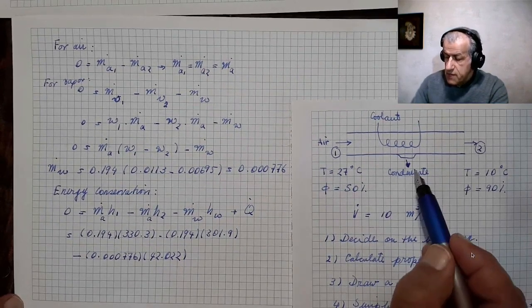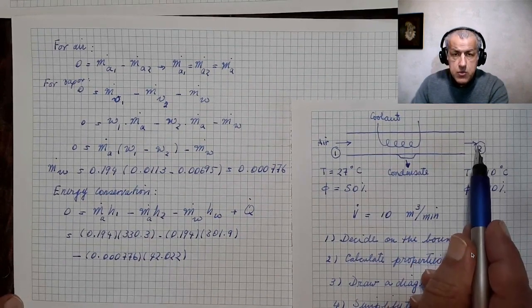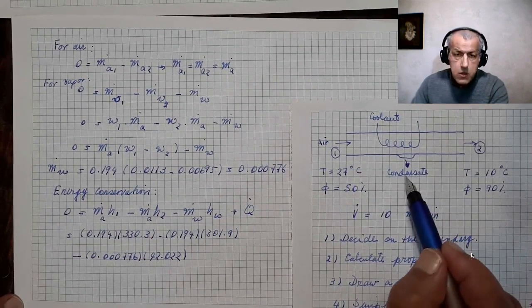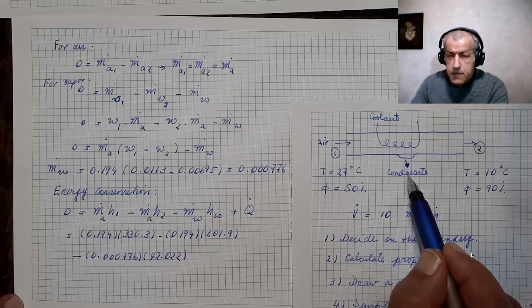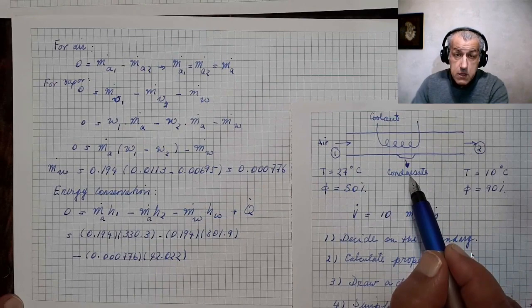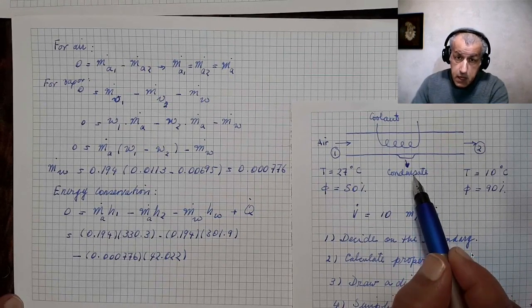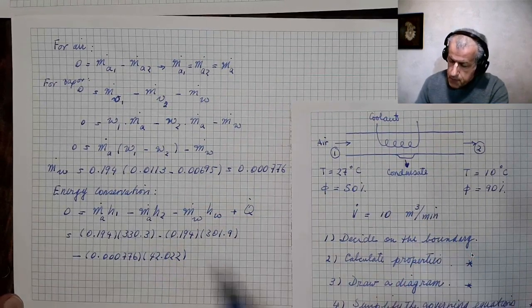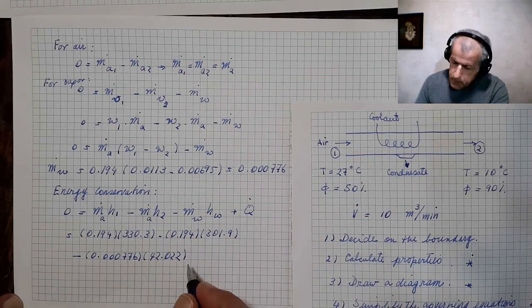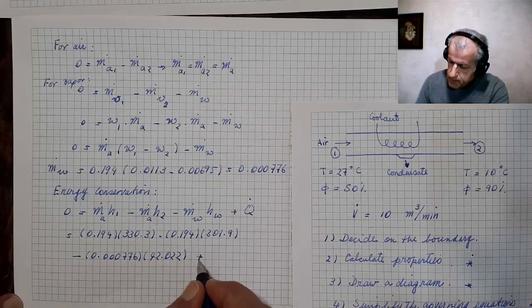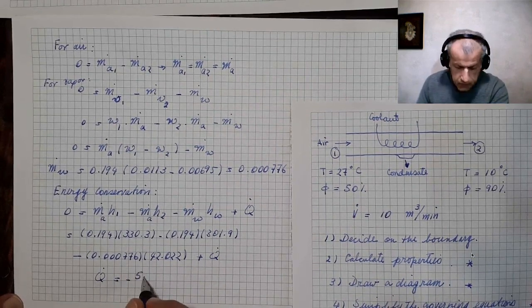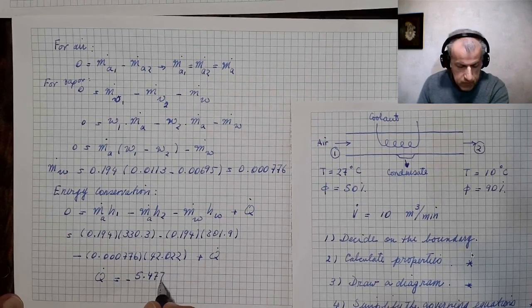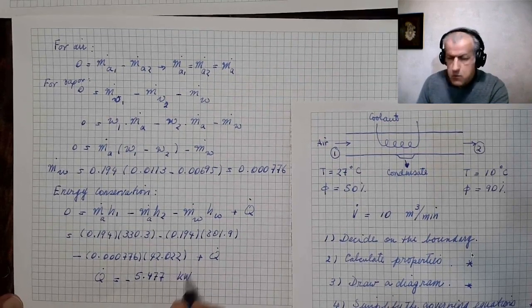The temperature of the condensate would equal T2, and we just went to the tables, used the tables, and read this value for saturated liquid water. X equals 0, and plus Q dot, and the outcome for Q dot would be minus 5.477 kilowatt.